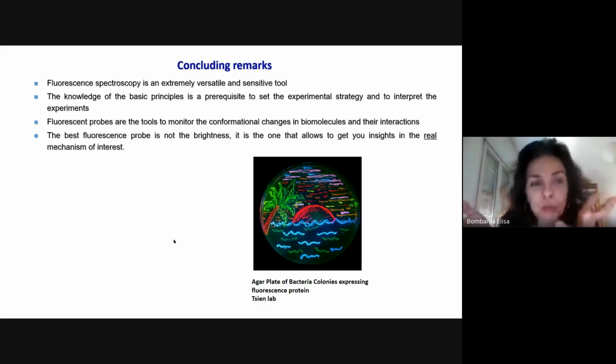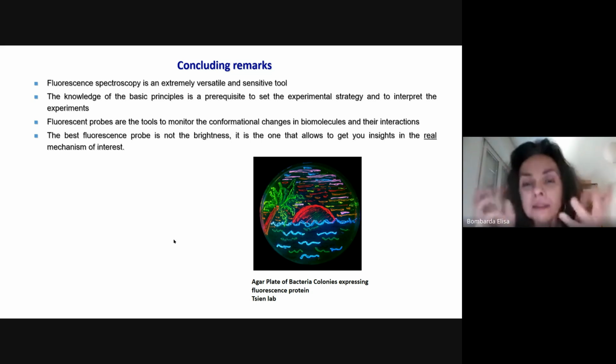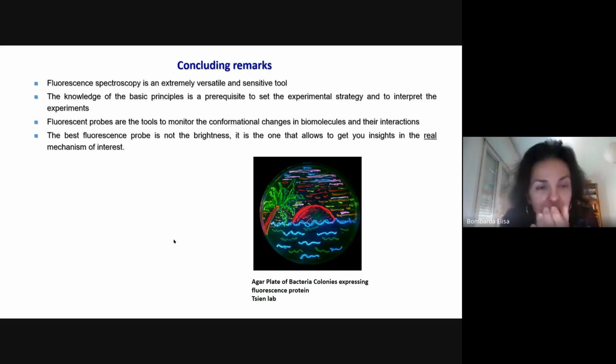And fluorescence probes, as we saw, are sometimes intrinsic and sometimes have to be added, but in an appropriate way, of course. And moreover, maybe you understood that the best fluorescence probe is not the brightest.